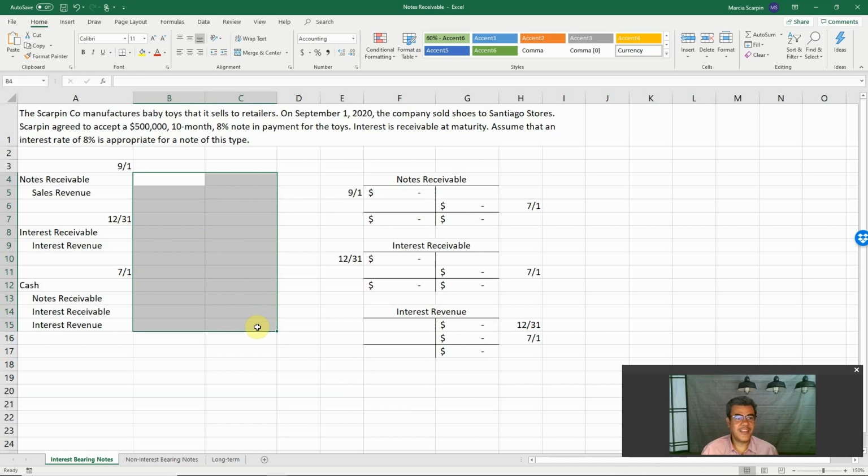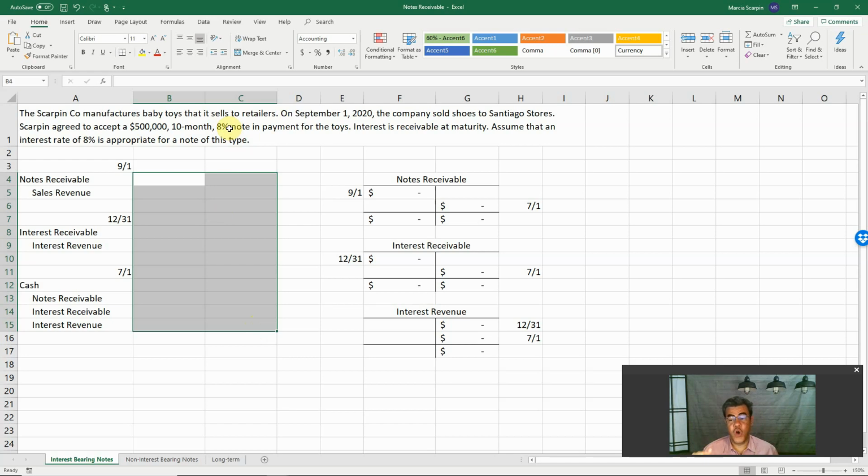So, Scarpin Corporation manufactures baby toys that it sells to retailers. On December 1st, 2020, the company sold toys to Santiago Stores. Scarpin agreed to accept a $500,000, 10-month, 8% note. So percent here, interest.